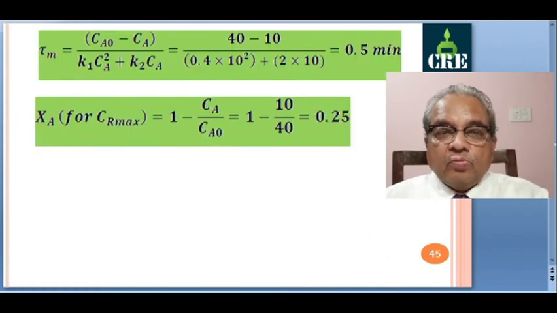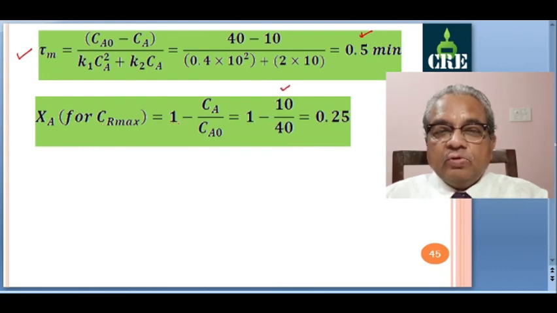Tau m we can find out simply. Tau m is equal to CA0 minus CA, 40 minus 10, over k1 CA square, k2 CA, everything is known now. So CA is 10, which we have found out. So tau m in the mixed flow reactor is 0.5. XA for CR max, CA is 10.